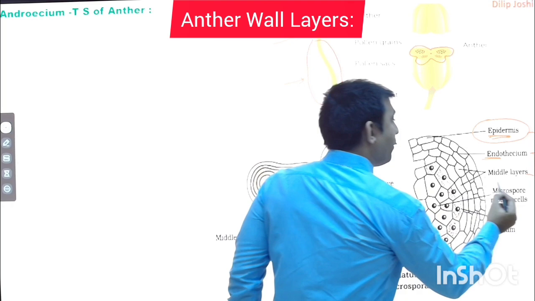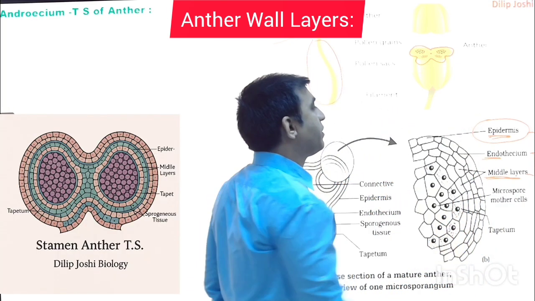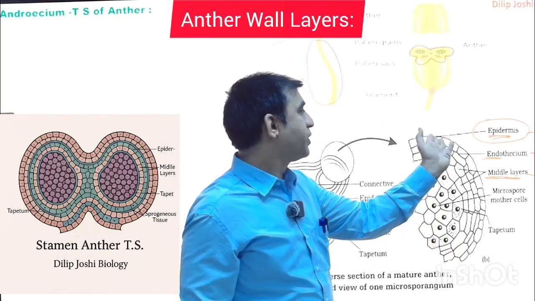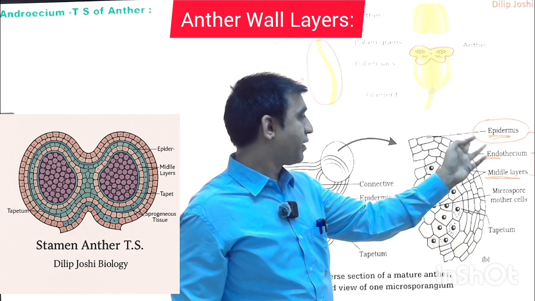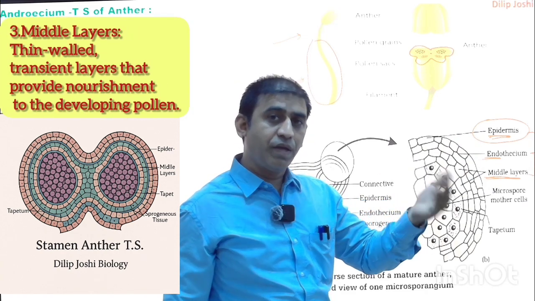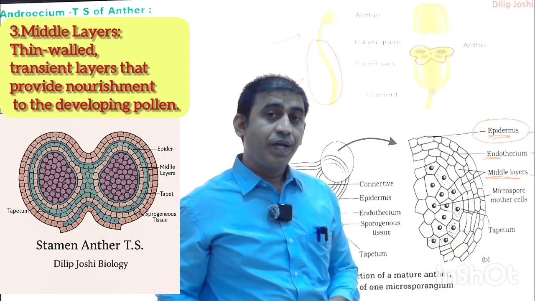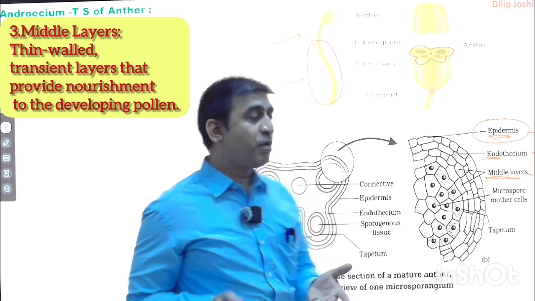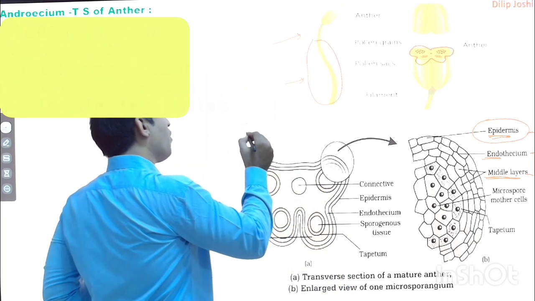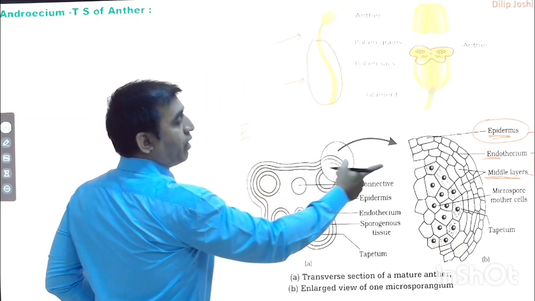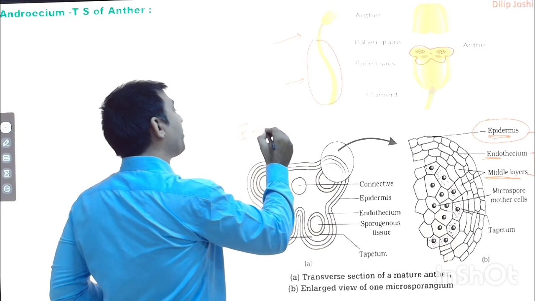If you see the epidermis and endothecium, they are single layers. The middle layer is one to three layers, and it is ephemeral.